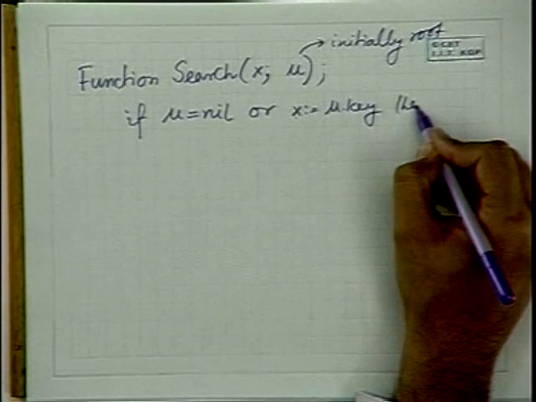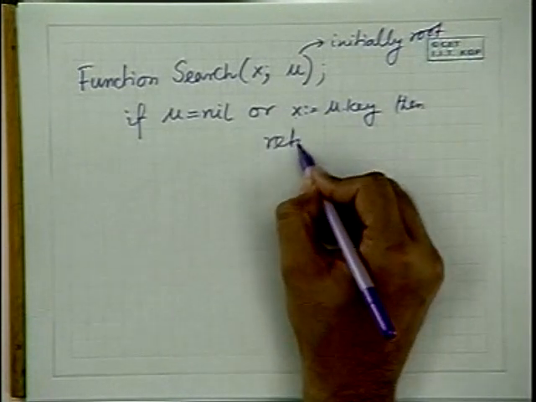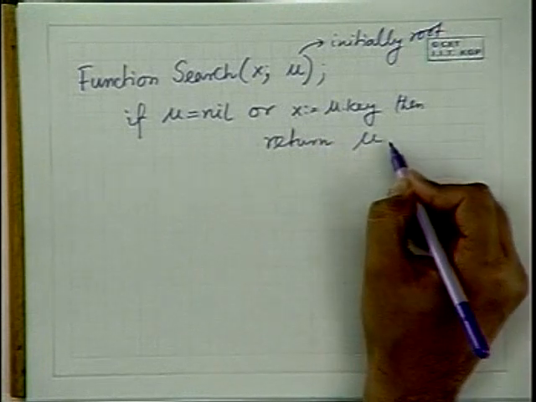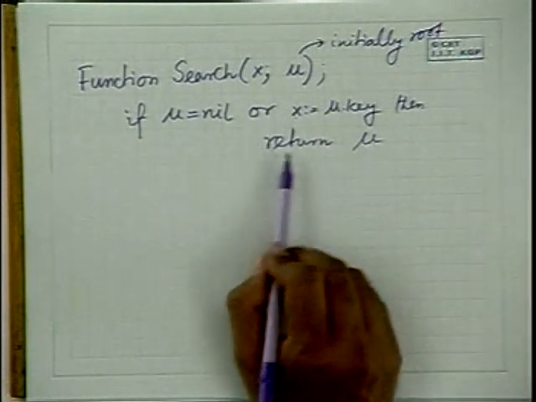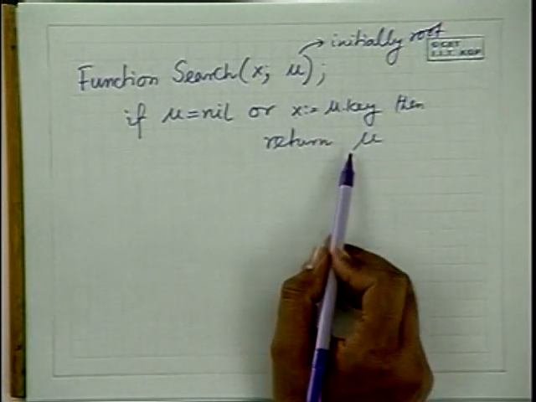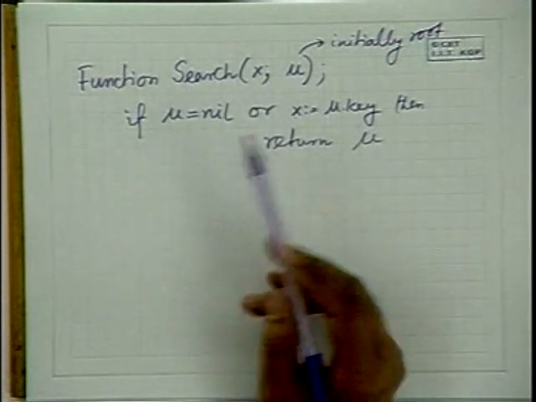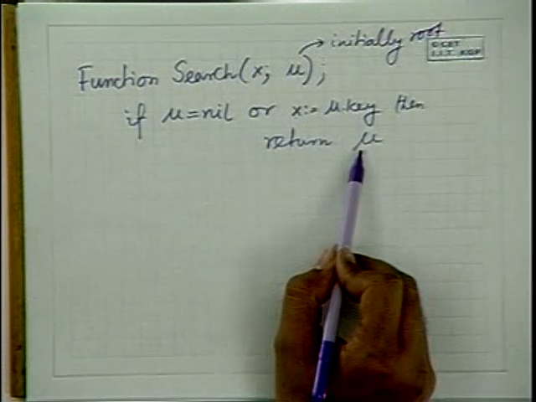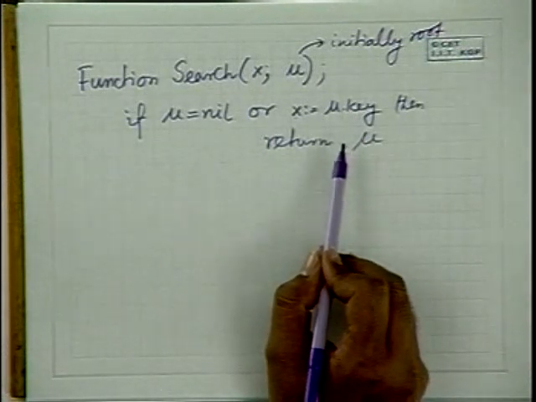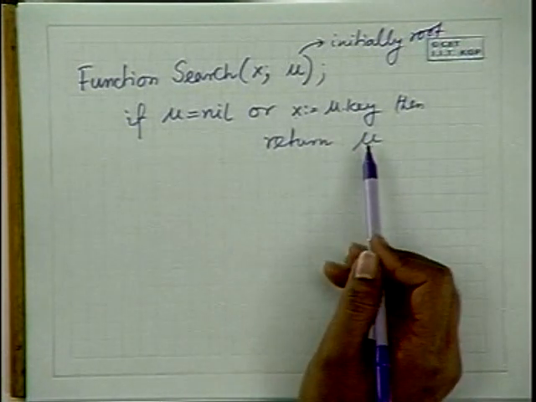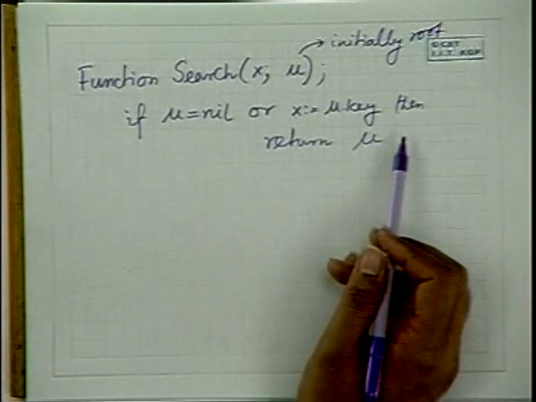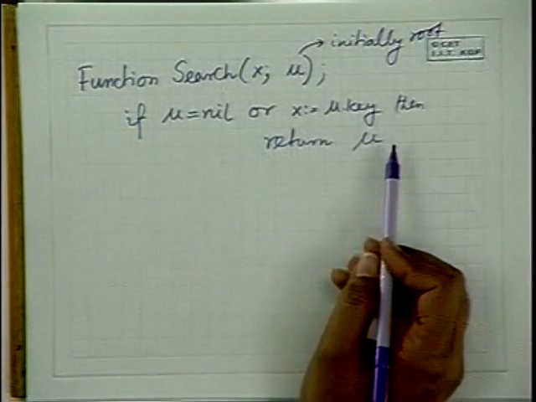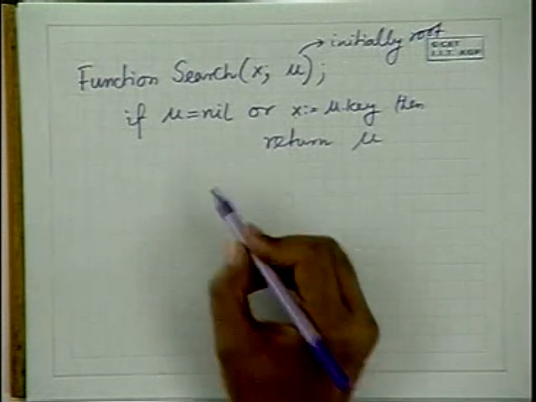So then return mu. You can handle both cases uniformly. If this algorithm returns a nil pointer, that means it was not present. Otherwise it will return the pointer to the node containing this value x.